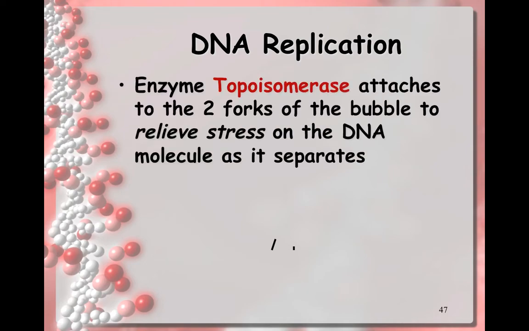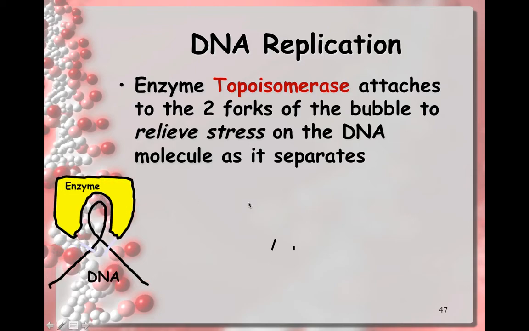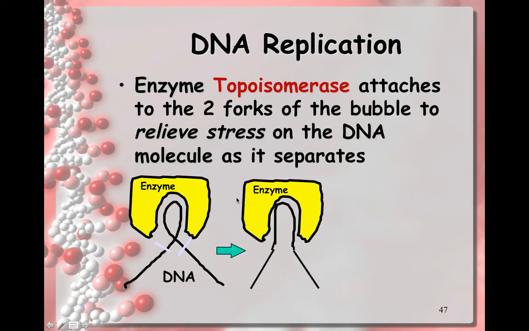Alright, DNA replication. The next enzyme that we need is topoisomerase. So that's kind of a big word there, but it's like two words, topo, isomerase, and it attaches to the two forks of the bubble to relieve stress on the DNA molecule as it separates. So imagine you're untwisting, let's draw a picture of this. Imagine that you have your helix here, right? It looks like this, and it's twisted up.